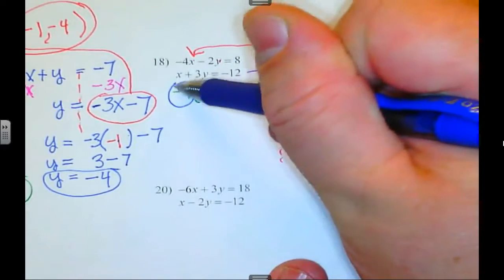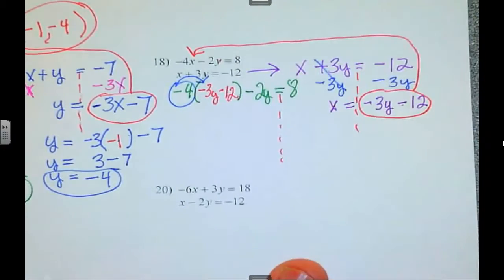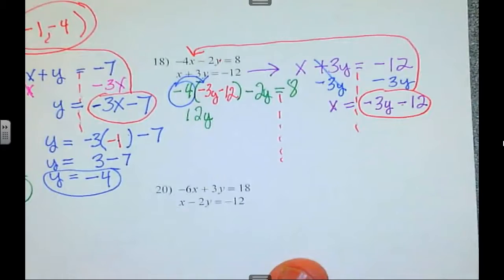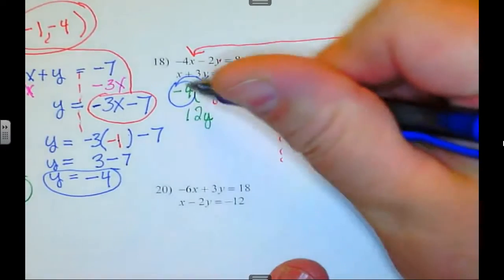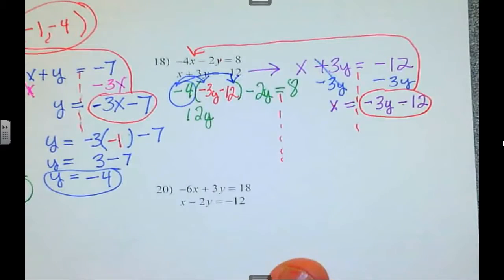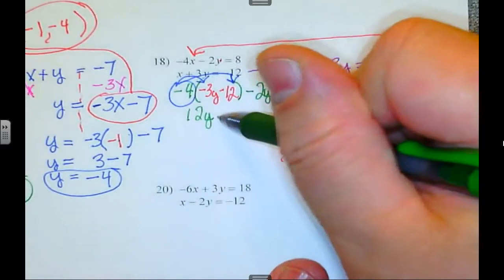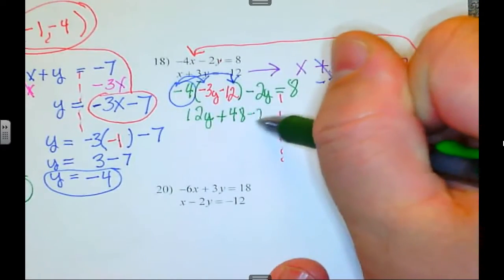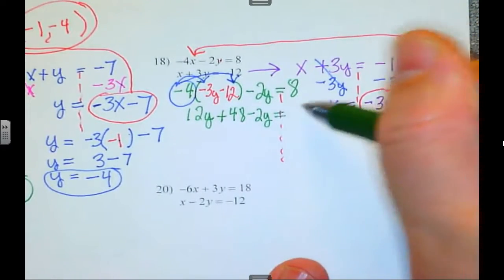Distribute the negative 4 times negative 3y. I get a positive 12y. Negative 4 times negative 12, the positive 48. Bring down the minus 2y because it's outside the parentheses.